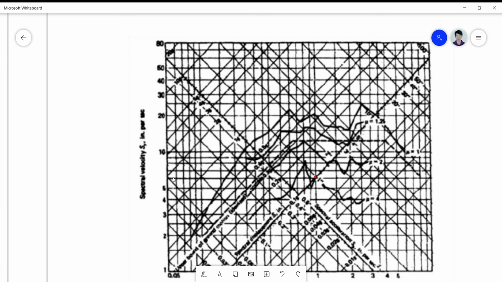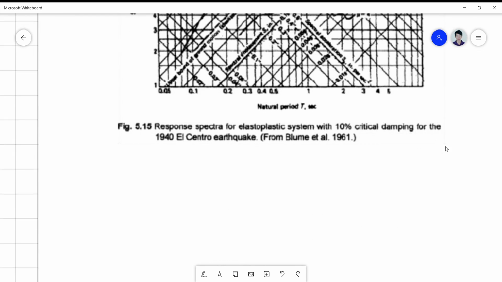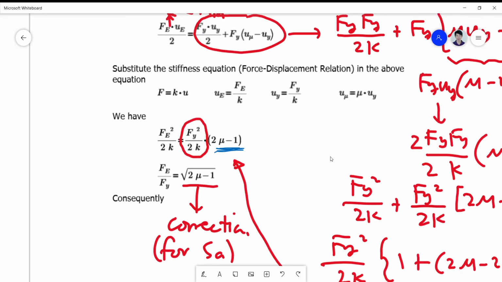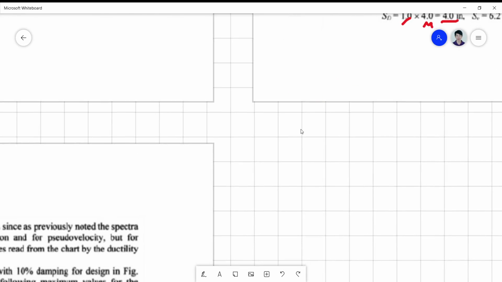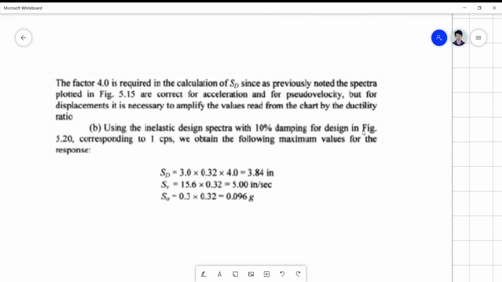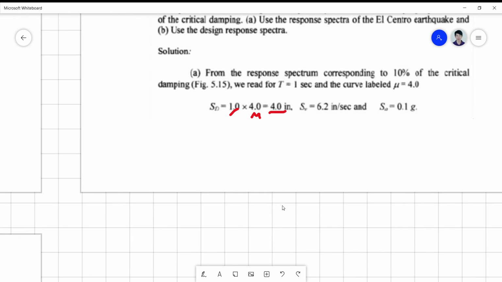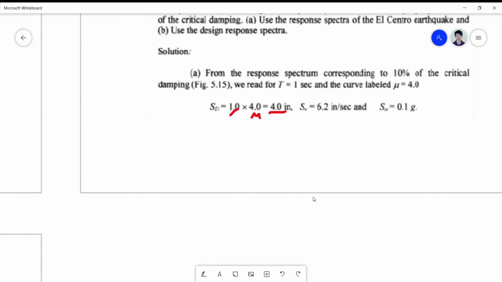Okay, slightly greater than 6 or almost 6. And for the acceleration, it's 0.1 of g. Okay, so we can take a look on that answer. Okay, so 6. Okay, so it's quite okay, and 0.1 of g.